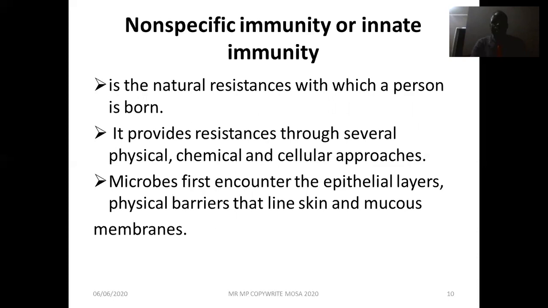Microbes first encounter the epithelial layers, physical barriers that line the skin and the mucous membrane. This type of immunity is quite abundant on the skin and in the cellular approaches.